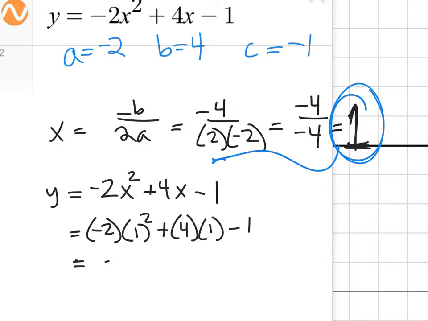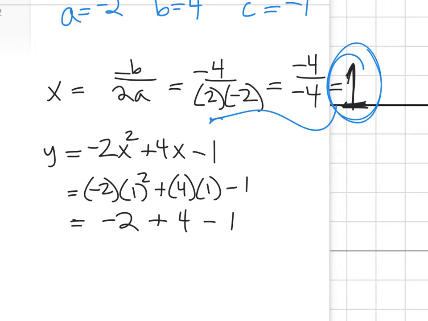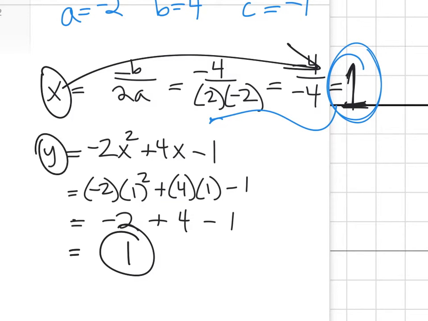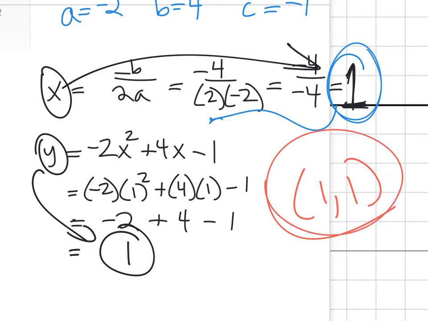So this ends up being -2 plus 4 minus 1, which equals 1. So x is 1, y is 1, so our vertex is 1, 1.